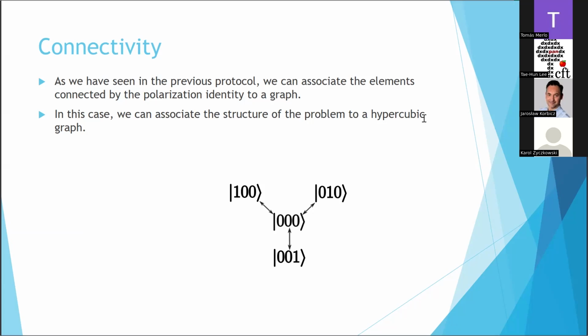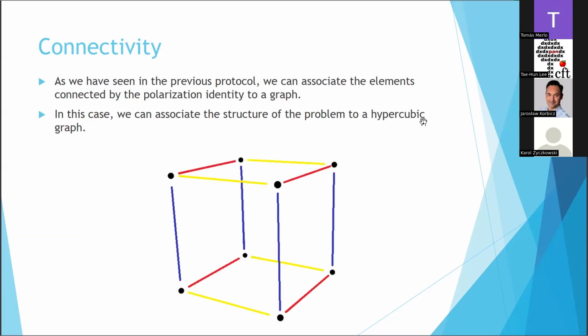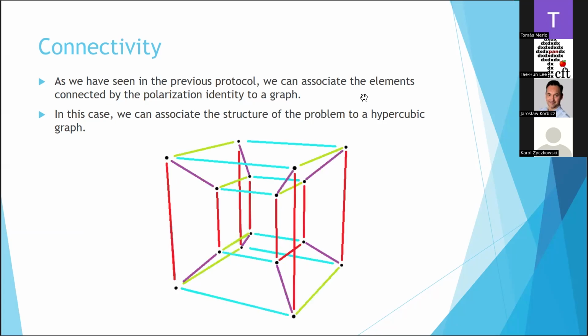If we look carefully at all this structure, we find a cubic structure. If we go to 4 qubits, we have this hypercubic structure, and if we go to 5 qubits, we have 2 of these cubes connected, and so on. And this gives us some advantages.